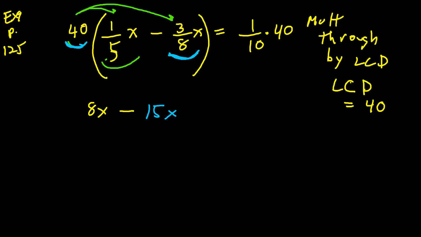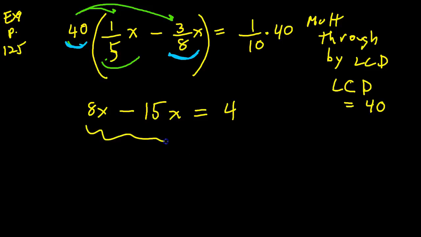Let me put that in gold so we don't confuse anybody. 15x in that second slot. And all the fractions are gone. Isn't that nice? On the right-hand side, of course, 10 cross-cancels into 40 4 times. So I've got the resulting equivalent equation, 8x minus 15x equals 4.